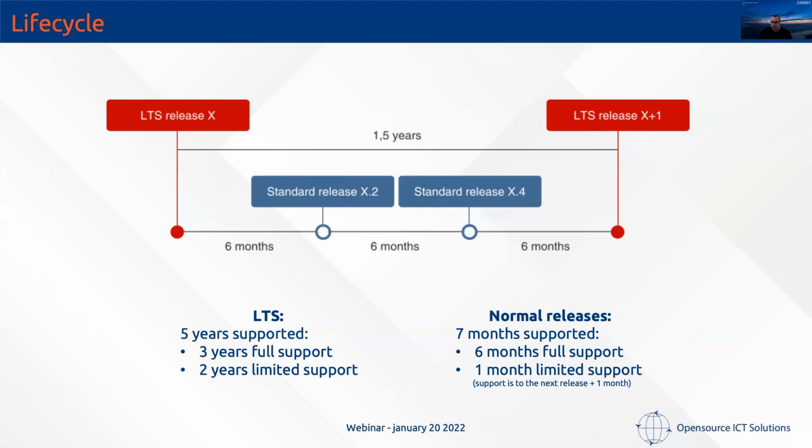And hopefully the LTS versions are the stable versions. The standard releases are typically packed with new features, experimental things, sometimes some small problems, but mostly about features. Long-term support means stable releases.